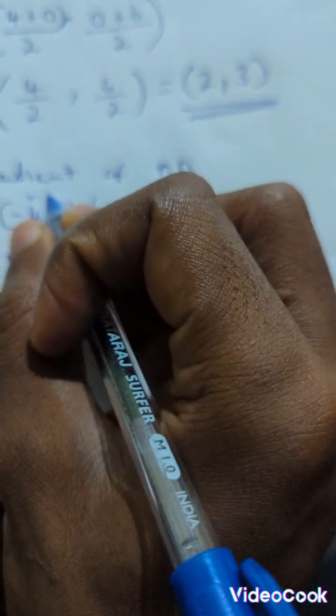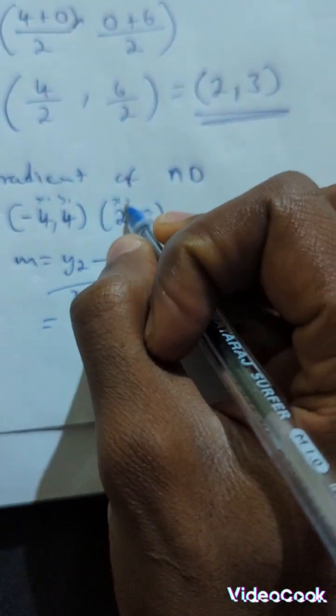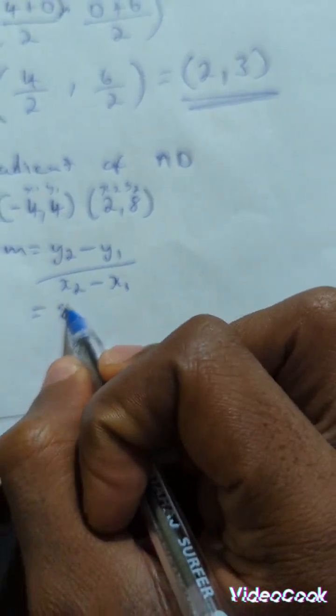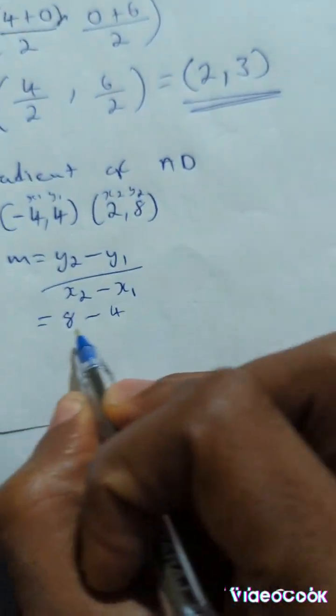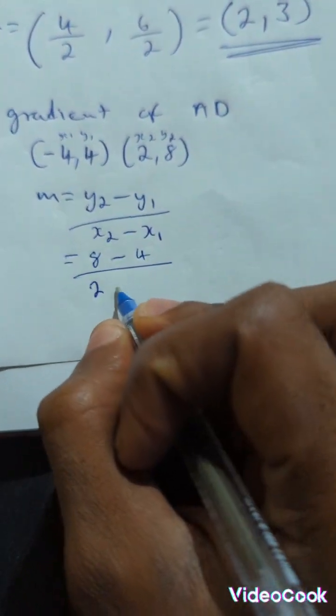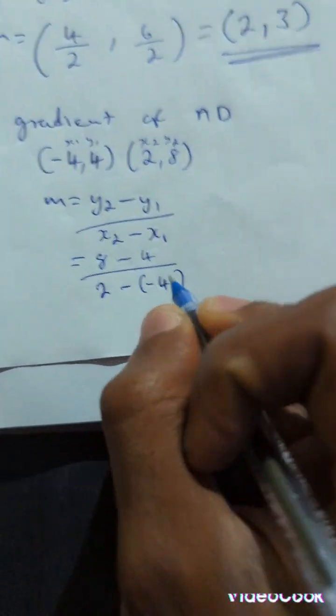This is our x1, y1, x2, y2. Then our y2 is 8 minus 4, then over x2 is 2, then minus negative 4.